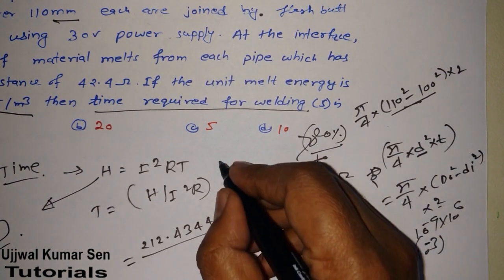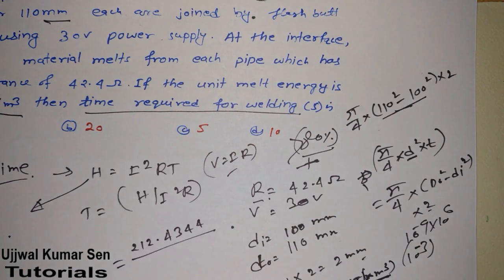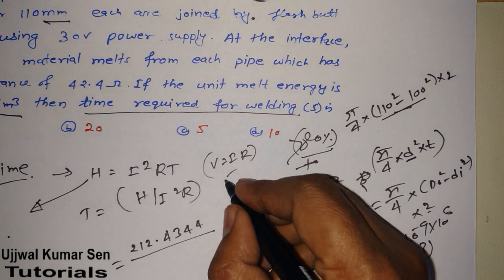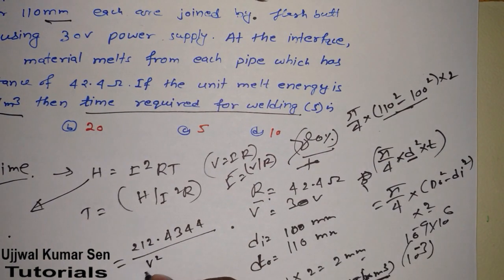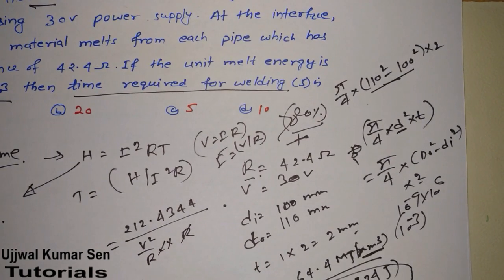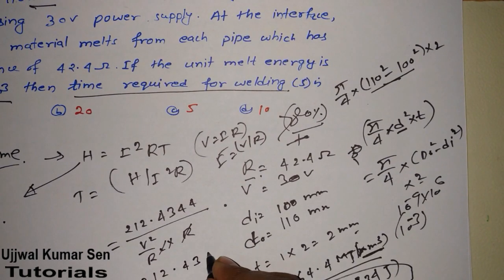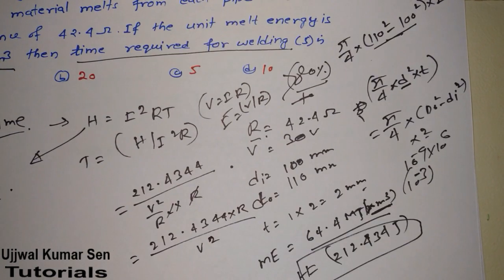Now we don't have a value for I, we have been given R. We know that V is equal to IR, Ohm's law. So I is equal to V by R. So I square R into T, so H is equal to V square by R, and so 212.4344 into R by V square.